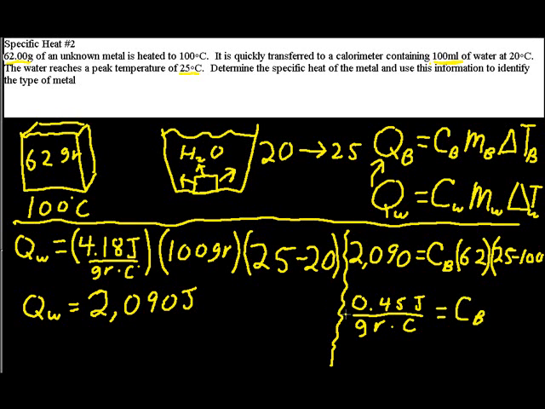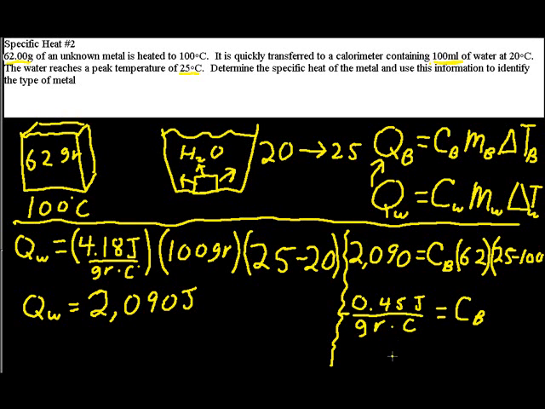Now, what this is saying is 0.45 joules of heat is required to change 1 gram worth of this material 1 degree Celsius.